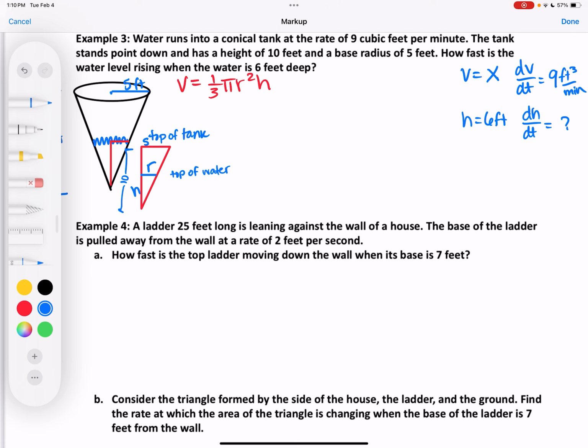This little triangle in the middle, r over 5 equals h over 10. So this is little triangle over big triangle. That means that r is equal to 1/2 h.